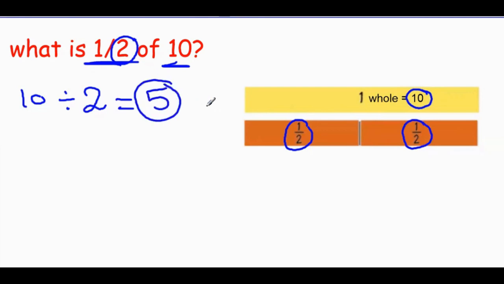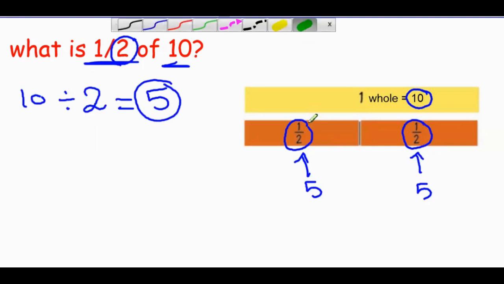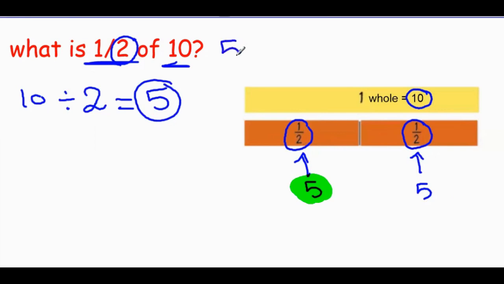This 5 is the value of each part from the two parts. I want 1/2, 1 out of 2. I will take only one part, 5, from the two parts. So 1/2 of 10 is equal to 5.